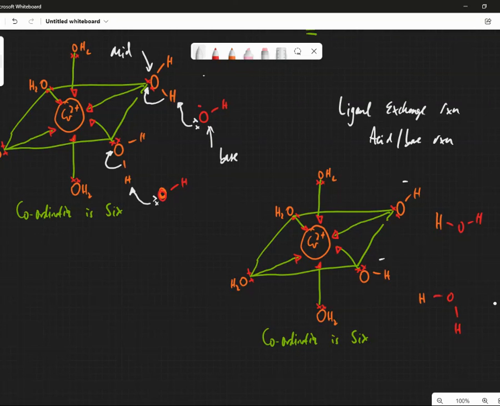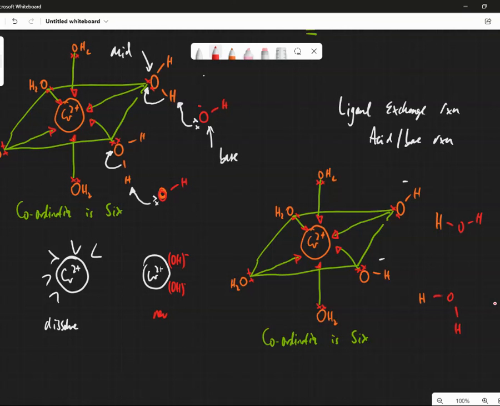Now, this is the crazy thing. Copper ions have big interactions with water molecules and they dissolve. But now, if I've got my copper ion and I hitch onto it two OH minus ions, it's now neutral.